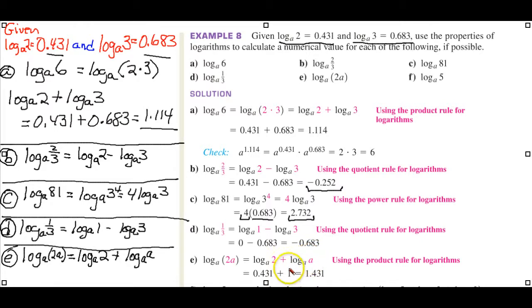Well, that's a 1. And then our log base A of 2, we said up here was this. So this plus the 1. This was the little tricky part. But again, have some of this in your notes so that you can use it if you have something like this again.